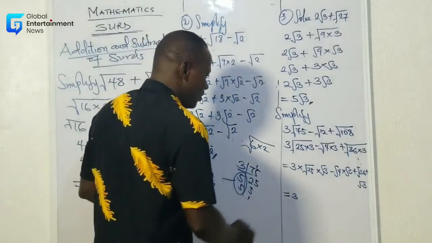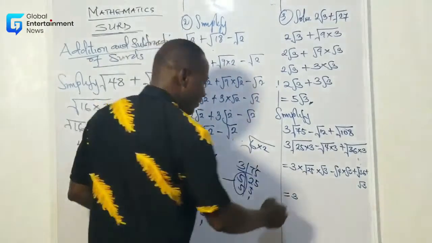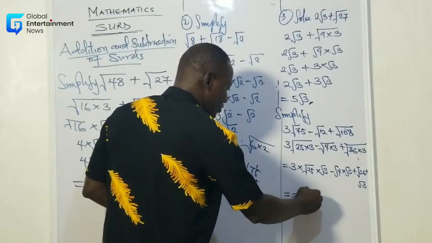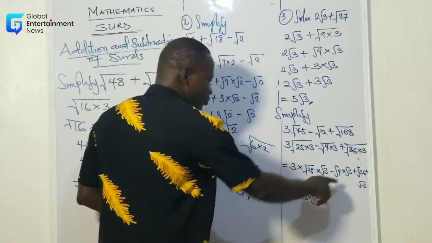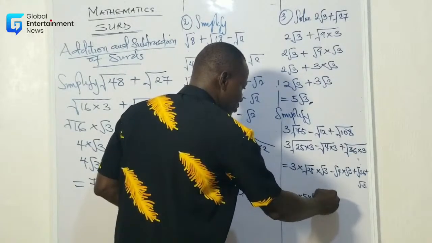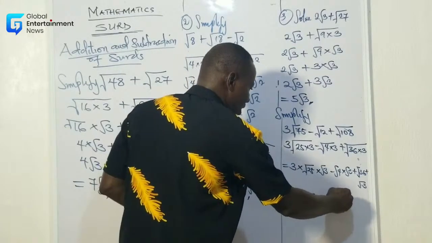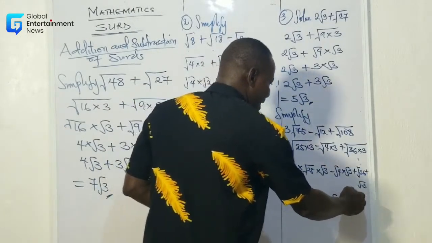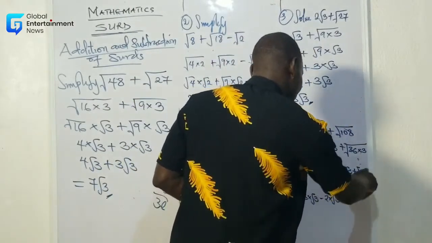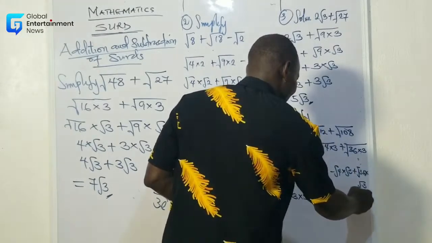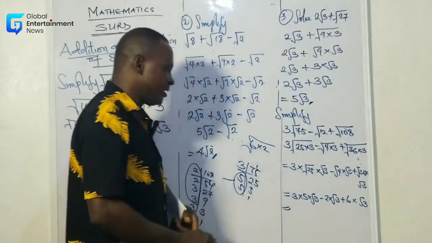Then what is the square root of 25? That is 5, times root 3, minus, what is the square root of 4? That is 2 times root 3, plus, what is the square root of 36? That is 6 times root 3.